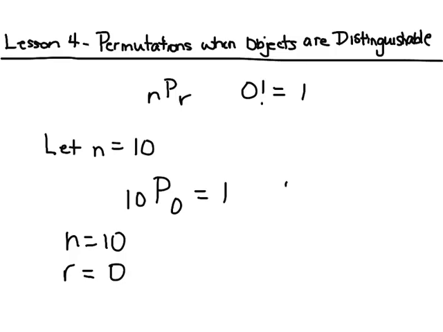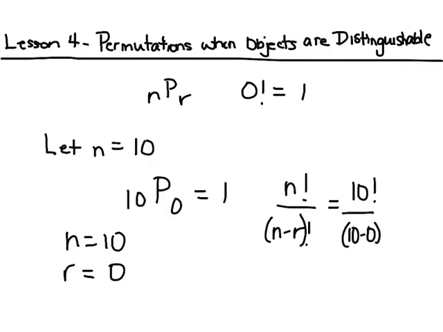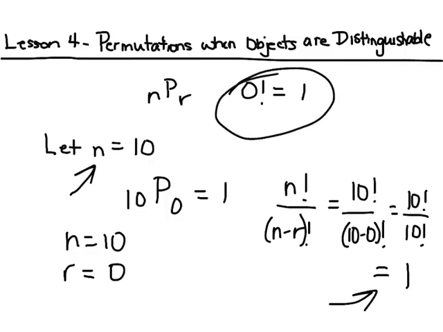If we plug this into the formula, n factorial over n minus r factorial, we have 10 factorial divided by 10 minus 0 factorial, which is the same as 10 factorial over 10 factorial, which is 1. No matter what you pick for n, you'll always get 1. So 0 factorial is always equal to 1. This is the end of a proof.